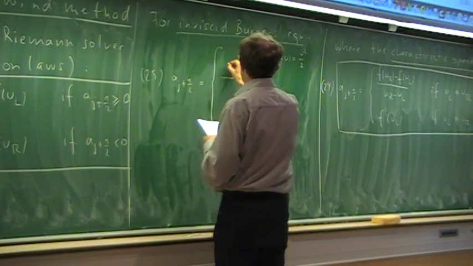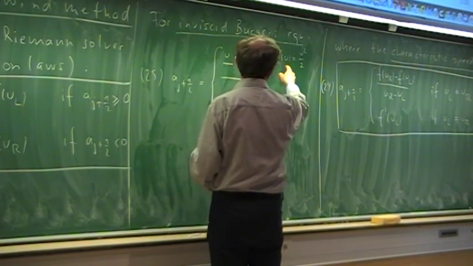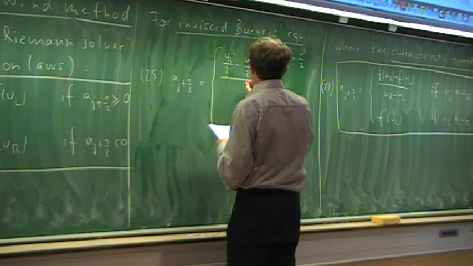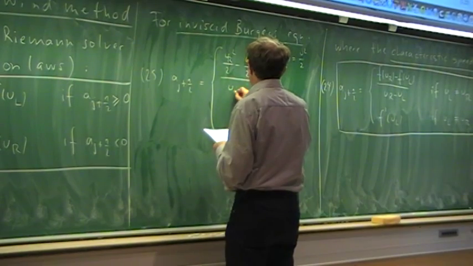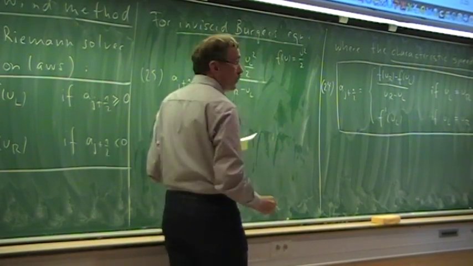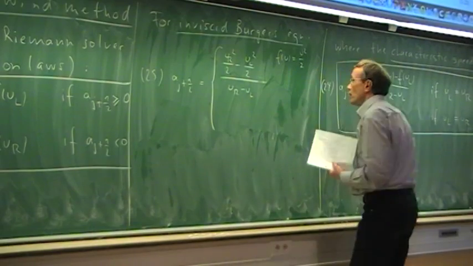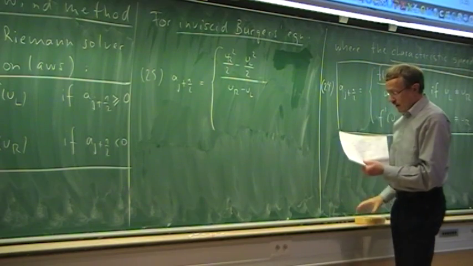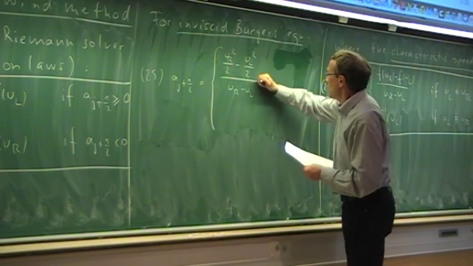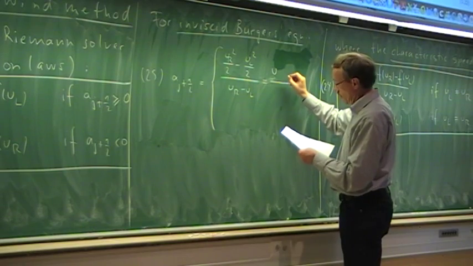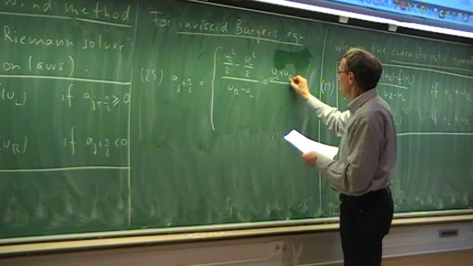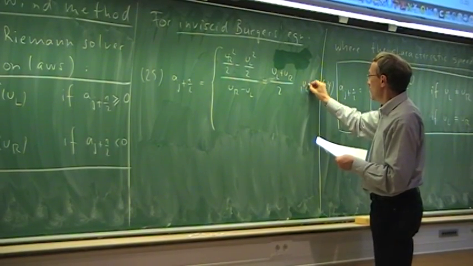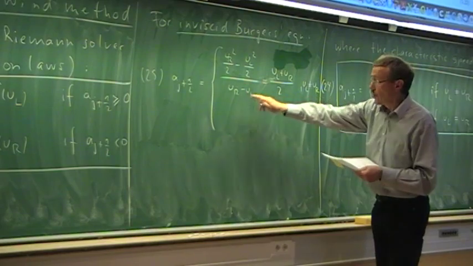We compute this now: f of UR is UR squared over 2 minus UL squared over 2, divided by UR minus UL. And then we see from the third binomial formula that we get (UL plus UR) over 2. That is if they are different, so this holds if UL is not equal to UR, otherwise we cannot do it that way.